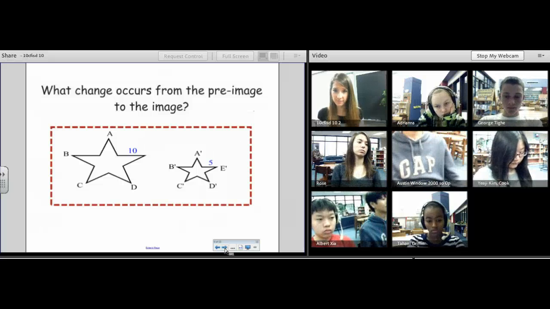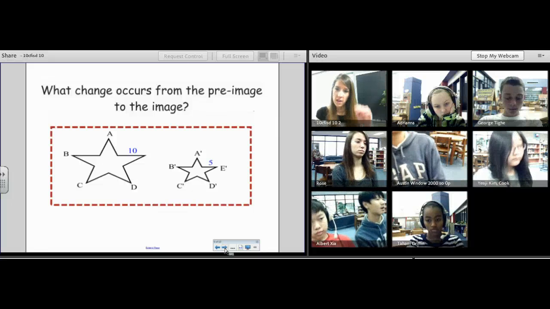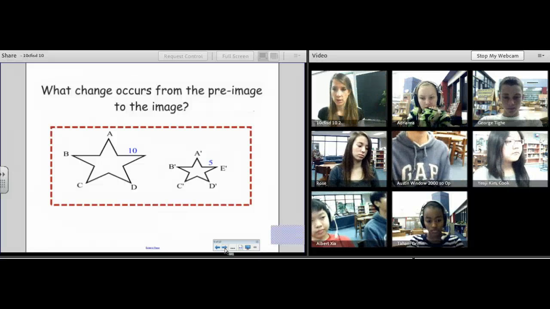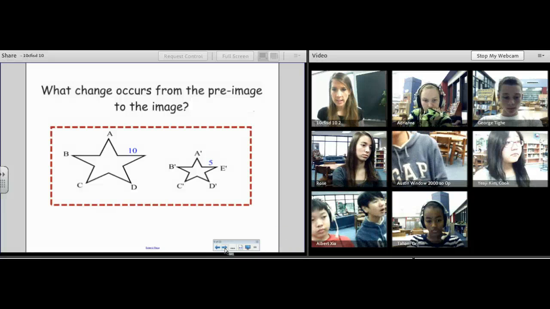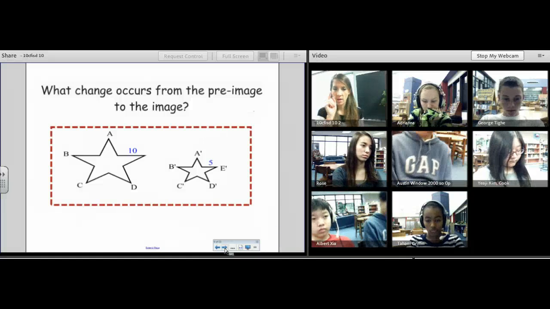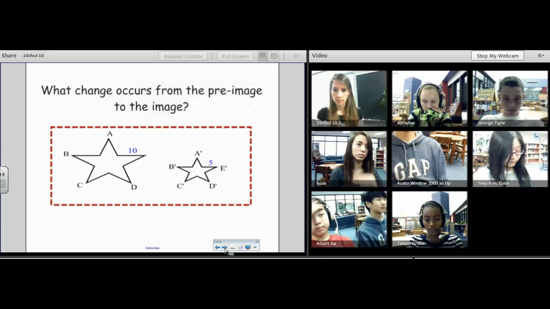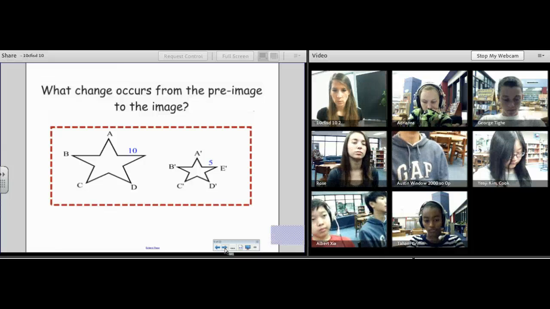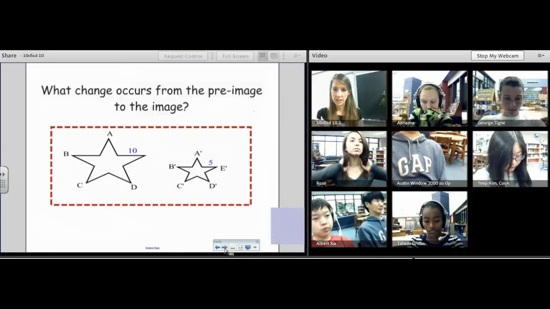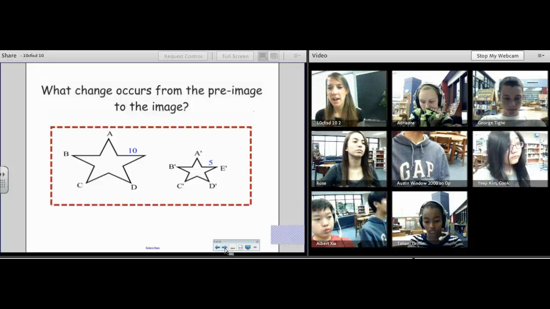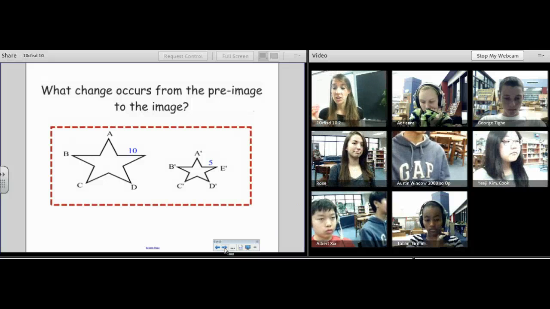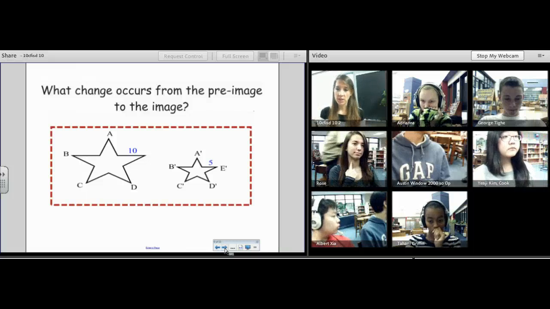Definitely a reduction, okay. And so what would the scale factor be? What is the scale factor that gets us from the pre-image to the image? Good, you didn't say 2. It's not 2. Okay, so 2 would mean that our shape doubled in size, but our shape is half as big. So the scale factor is 1/2.